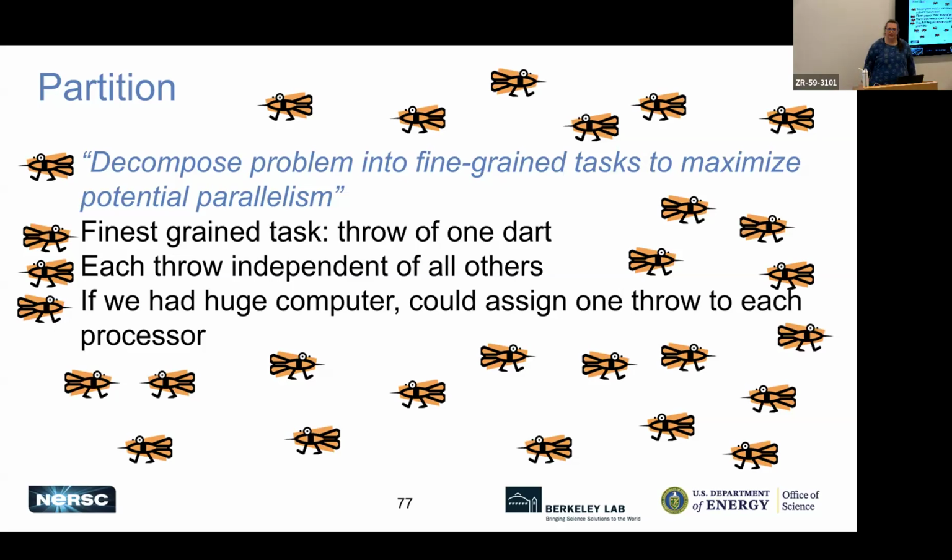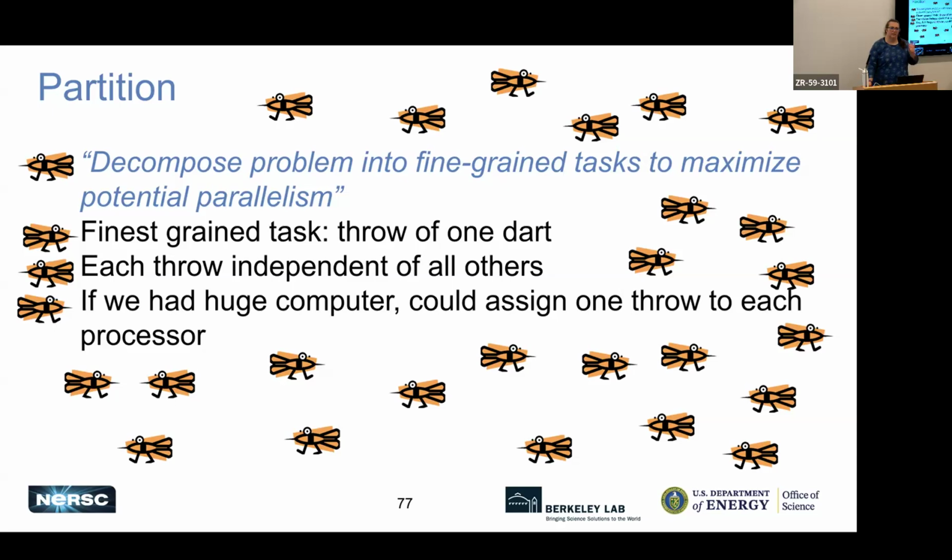So the point though is that those are separate tasks, right? It doesn't matter if I throw the first dart or if you throw the first dart. If we were going to throw 1,000,000 darts and we had 1,000,000 people throwing darts, it'd be weird, but cool. It wouldn't matter who threw first or last. We would still get the same answer.